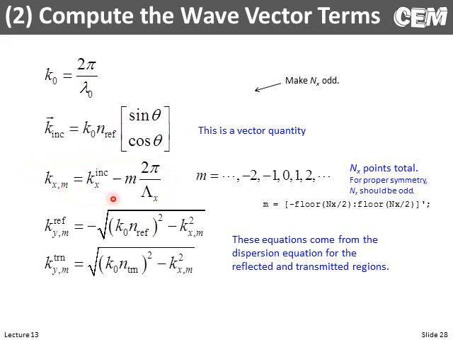It's an expansion because we're using periodic boundary conditions. Then we can also calculate the longitudinal components in the reflection and transmission region. Notice there's a negative sign for the reflection region and not a negative sign for the transmission region. That's because this wave is propagating backwards, so we have to put a negative sign in here.